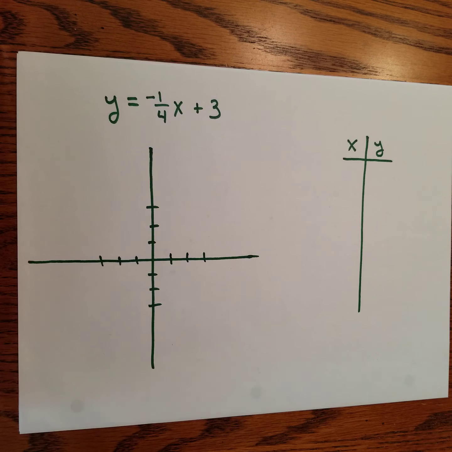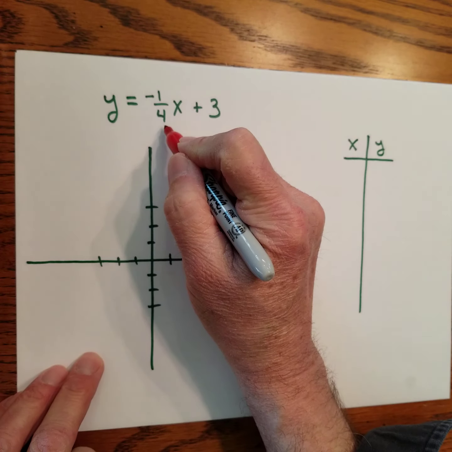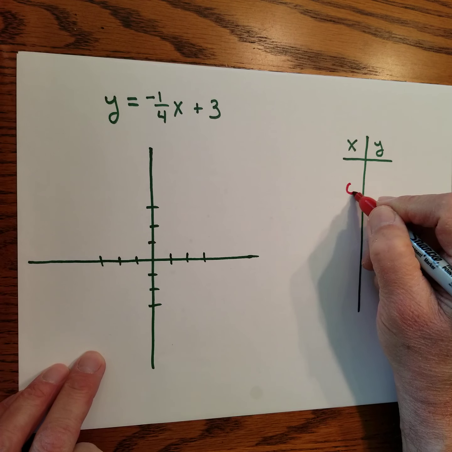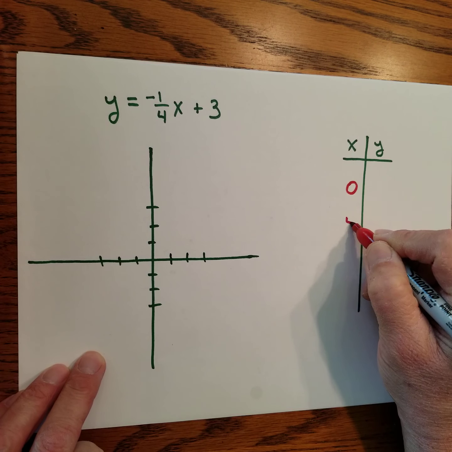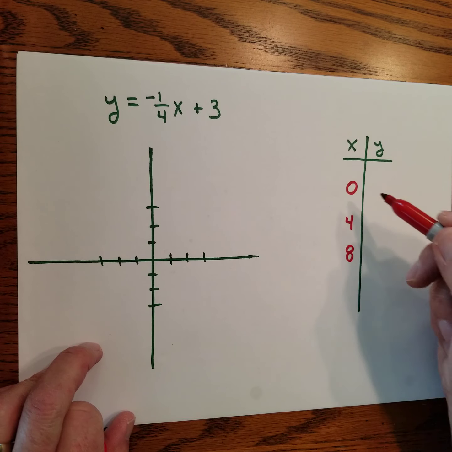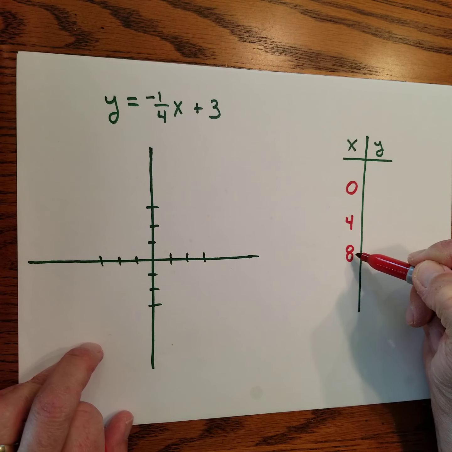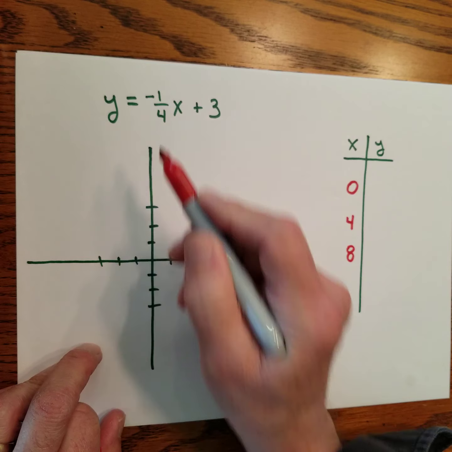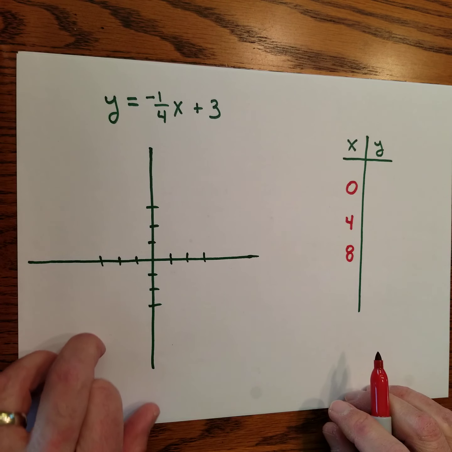For this example, where the denominator is 4, I'm going to count by 4's. I'll use 0, plus 4 is 4, plus 4 is 8. By using numbers that are multiples of 4, when I plug these in, I won't have any fractions.